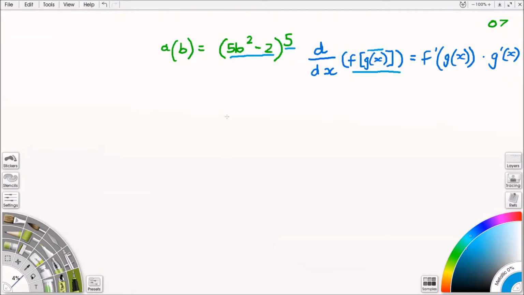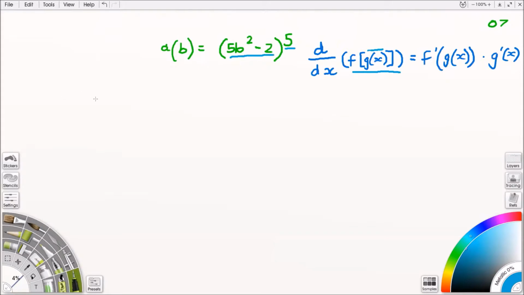It's all being raised to the power of 5. So we use the chain rule here so we don't have to expand it all out and then derive all of that, which would take a bit of time and be a bit tedious. We can just apply this rule and get it over and done with pretty quickly.